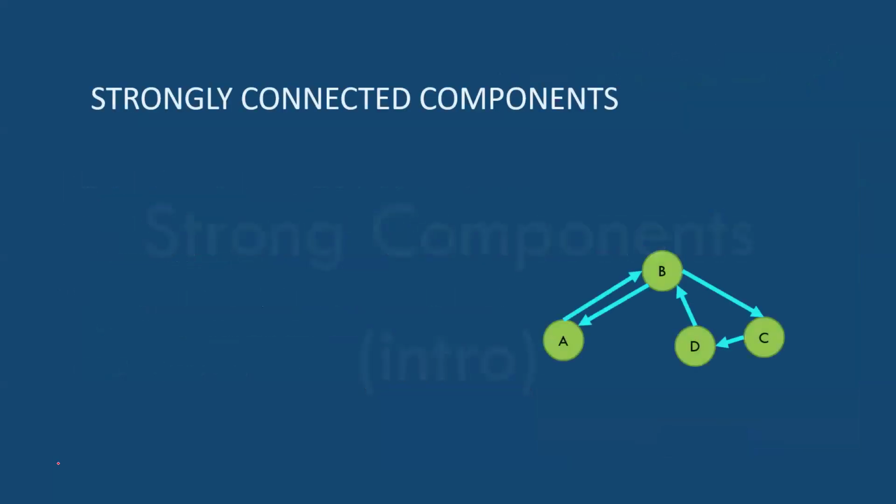Okay, so let's take a look at a couple small graphs. And you're going to be presented with these in your quiz. They're all relatively small, but it's like, hey, what are the strongly connected components in this graph? Okay, so A and B can reach each other. B and C can reach each other. So therefore, A and C can reach each other, right? So can D and B reach each other?